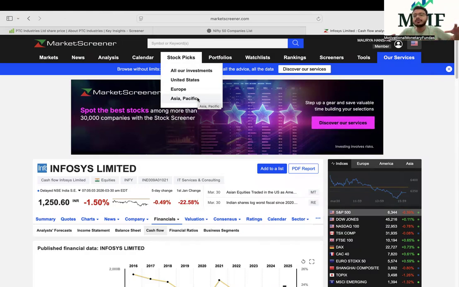But the total levered free cash flow, and not the cash flow per share.